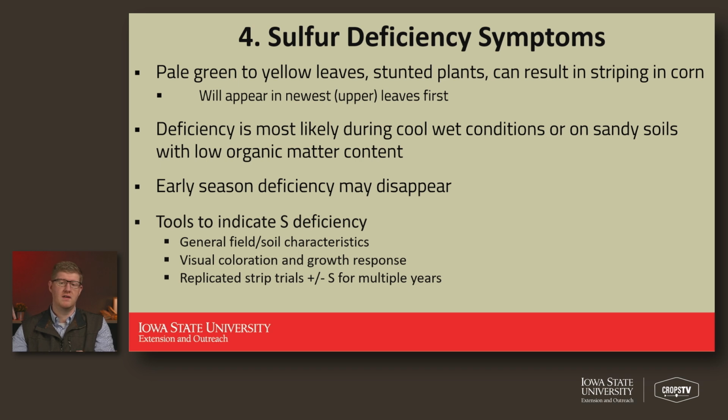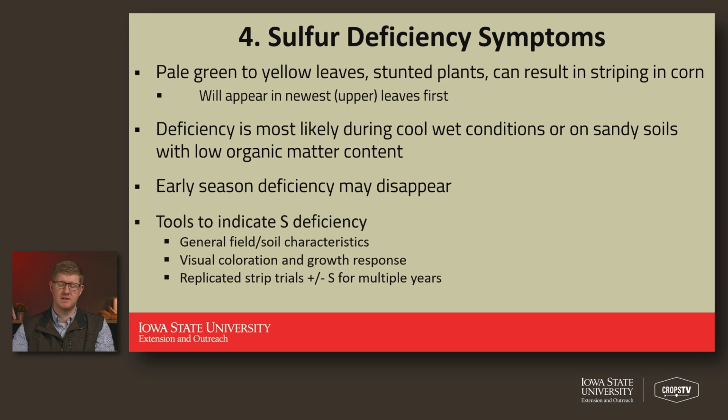Have strips with and without the given nutrient, do it for a couple of years and see if there's a response to the addition of these different nutrients. And if there is, then that would indicate that you most likely are deficient in sulfur. And so you may want to add sulfur, or whatever nutrient you're testing for, back in order to avoid these deficiency symptoms.